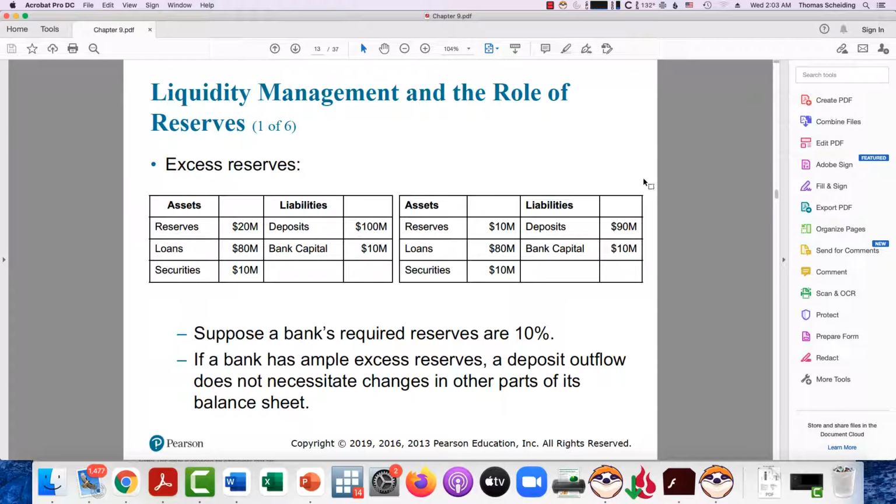And so here, what you start to see is the bank starting to lend out money. It lends out its excess reserves.